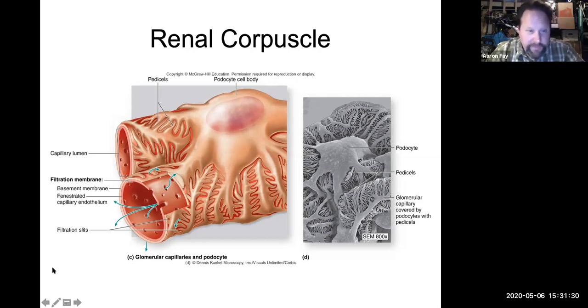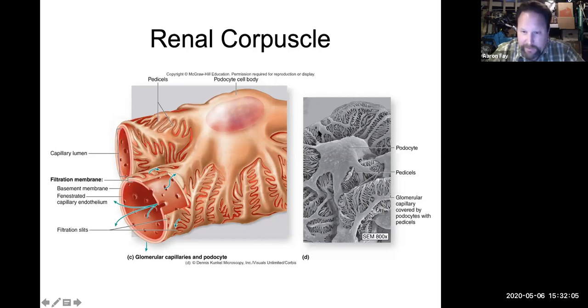So the filtration membrane is made up of the capillary endothelium, fenestrated capillaries, a shared basement membrane, and the pedicels of the podocytes. So what are the spaces being passed through? Fenestrations of the capillaries, pass through the basement membrane, pass through the filtration slits. So liquid inside the glomerulus we'll call plasma. When that passes through the filtration membrane, we're going to call that liquid filtrate.